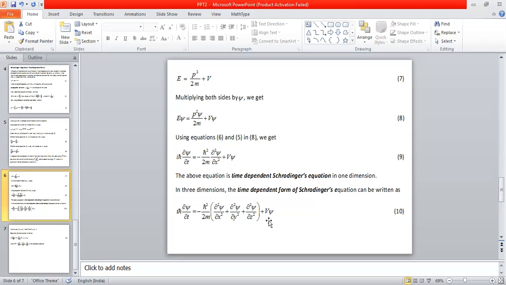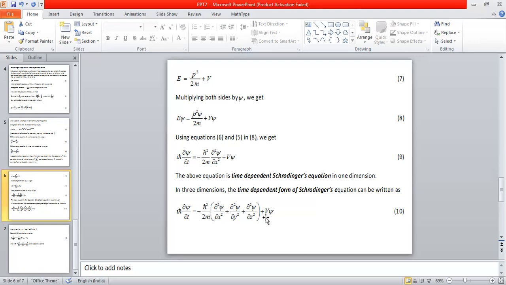In some cases, the potential function may be a function of only the space coordinates x, y, z. It may be independent of time. But while writing the general form of Schrodinger's equation, we assume that the potential function, just like the wave function, is a function of space coordinates x, y, z as well as time t.